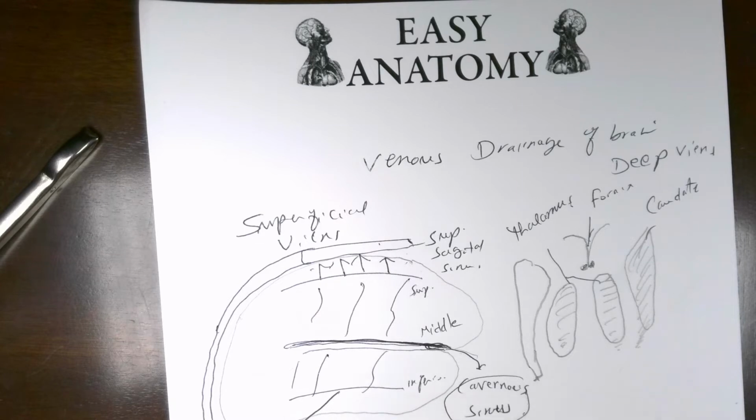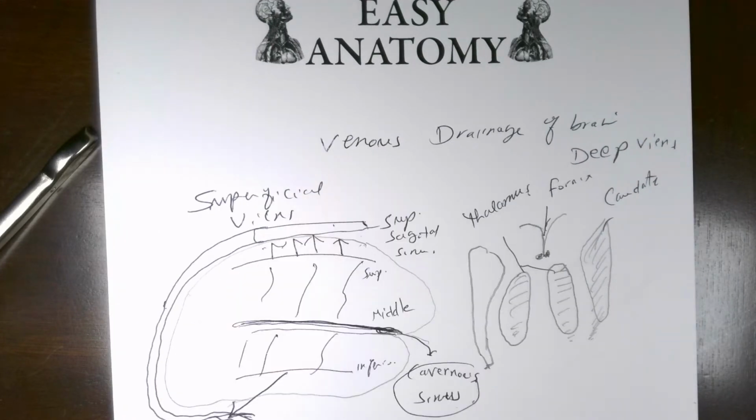So the inferior drains into transverse sinus, the superior drains into superior sagittal sinus, and the superficial middle cerebral vein goes to cavernous sinus. Okay, we're done with the superficial veins.